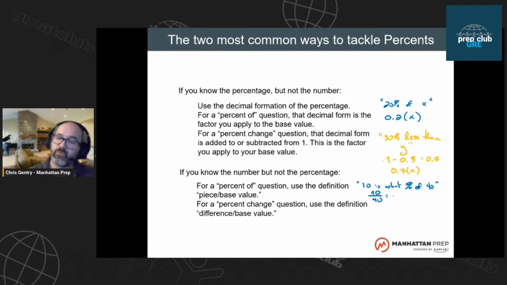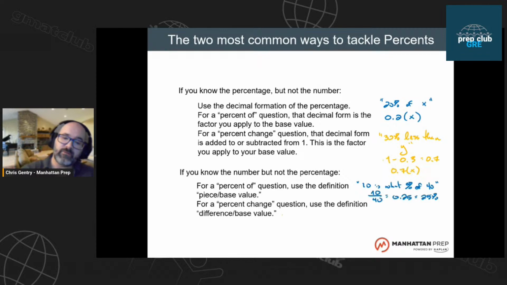It becomes 1 over 4, .25, which is the same thing as 25%. If it's percent of, and I know the numbers, it's the piece that I'm talking about divided by the base value. If I'm looking at percent change, the variation on that becomes difference divided by the base value.